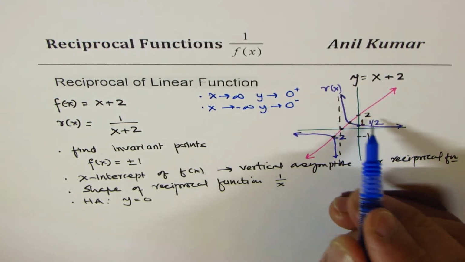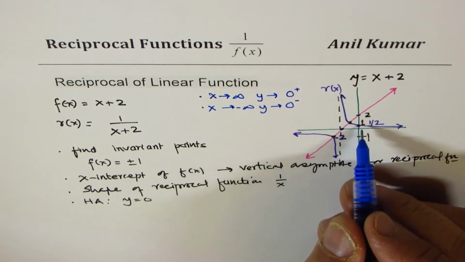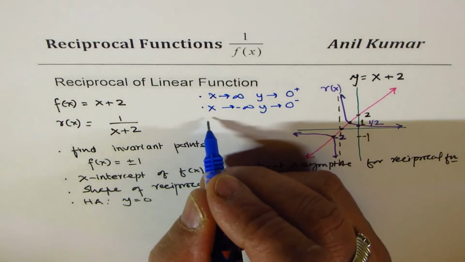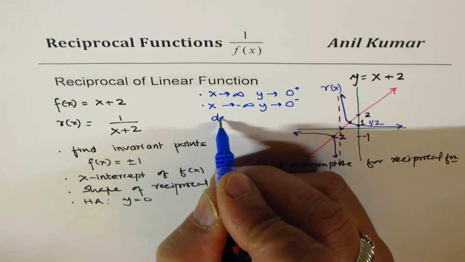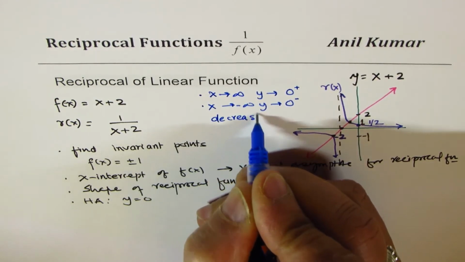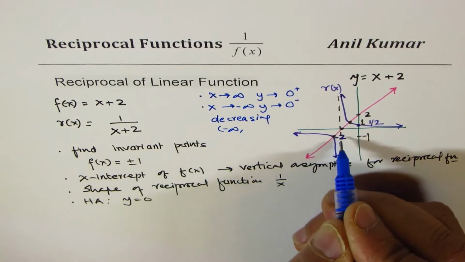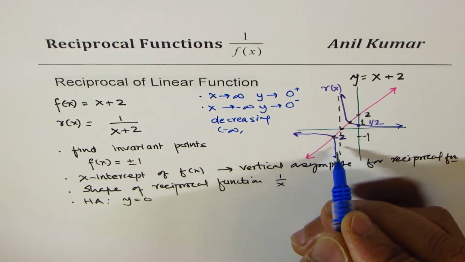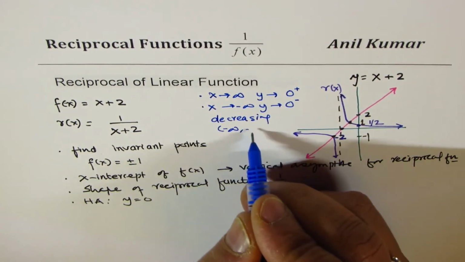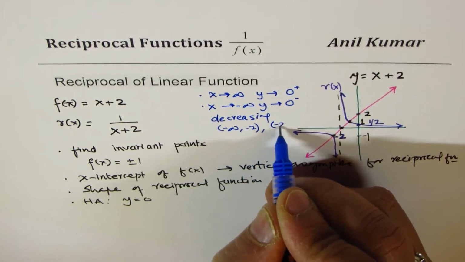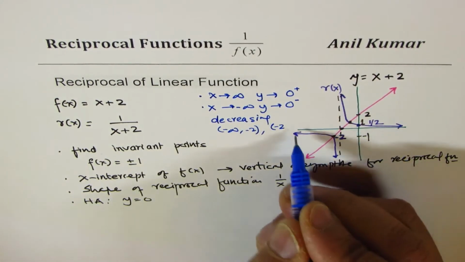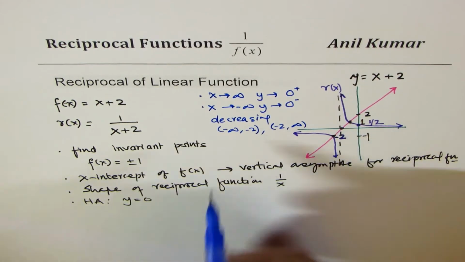Now from this graph you can see that it is always decreasing. So here we have decreasing in the interval from minus infinity to the point where we have the vertical asymptote, which is at minus 2, and from minus 2 to positive infinity, correct?